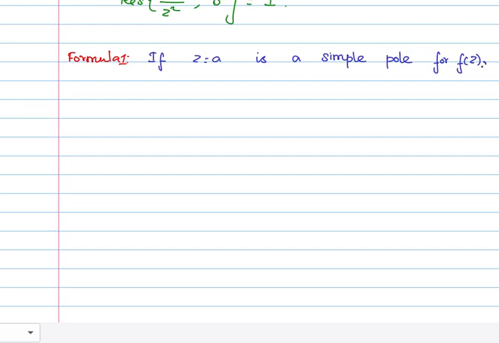A simple pole means it is an isolated singularity, a pole of order 1.